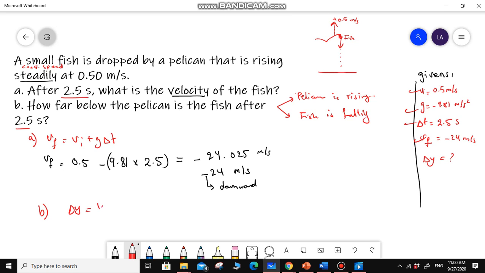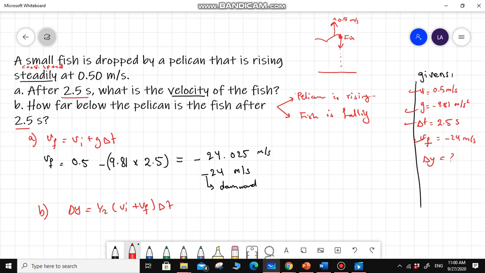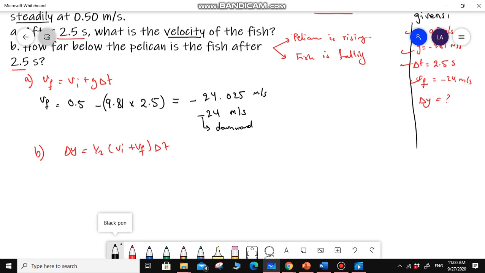Let me use the fourth equation, delta y equals half times v initial plus v final, multiplied by delta t. I will start the substitution. Half, v initial was 0.5, v final was negative 24, multiplied by 2.5.